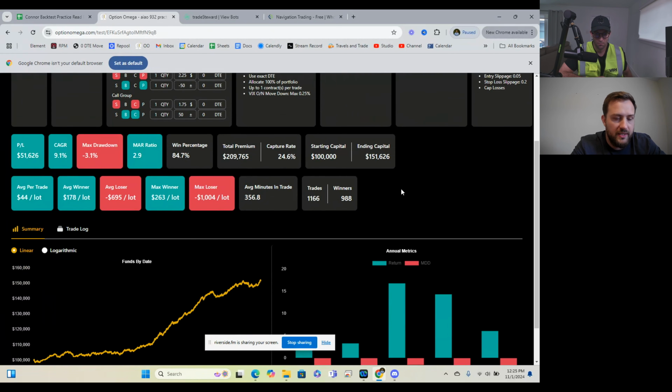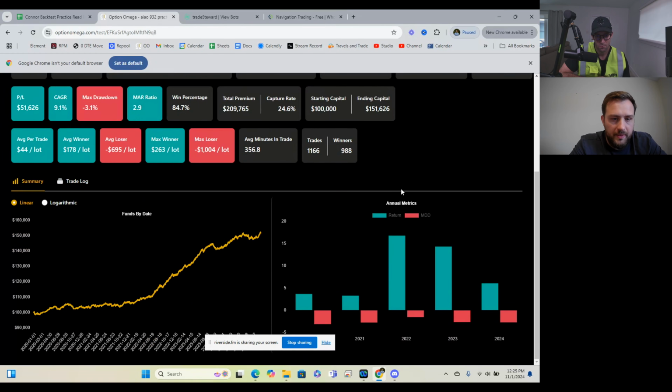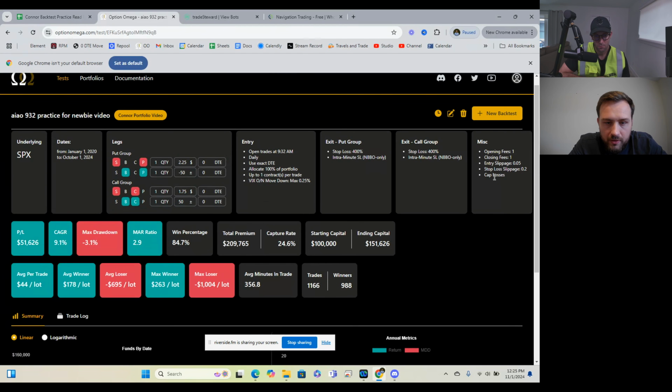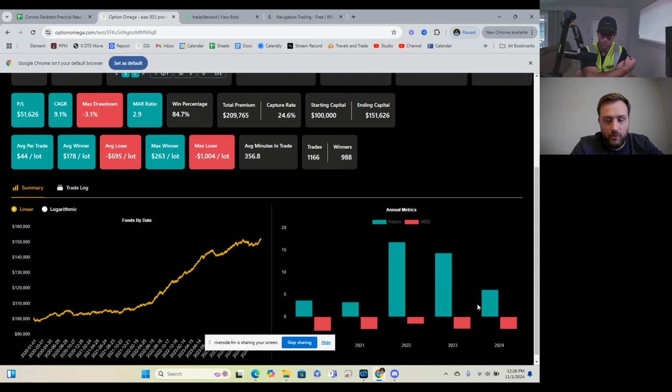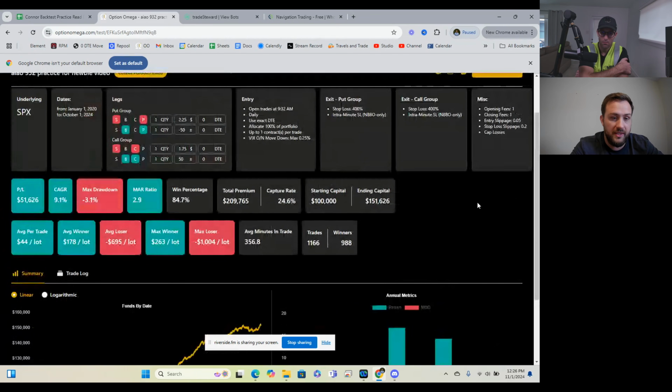So I put the max fall at 0.25, and that evened it out. It actually increased the P&L by like $25,000, and it made it perform in 2024 too.